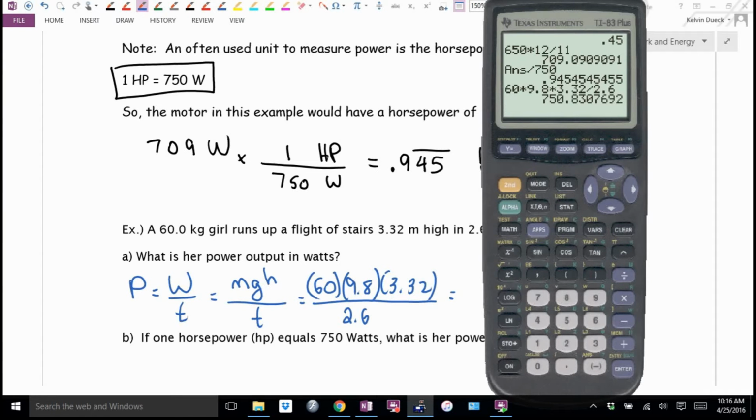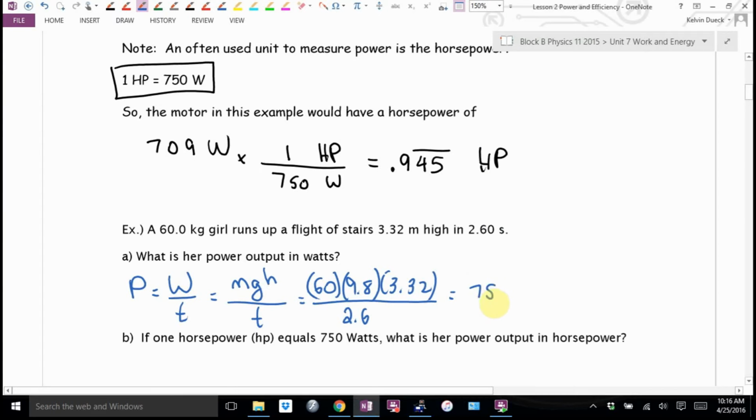Yeah. 751. Power is measured in watts. That's my dumb joke for this unit, Mason. You like it? Good.